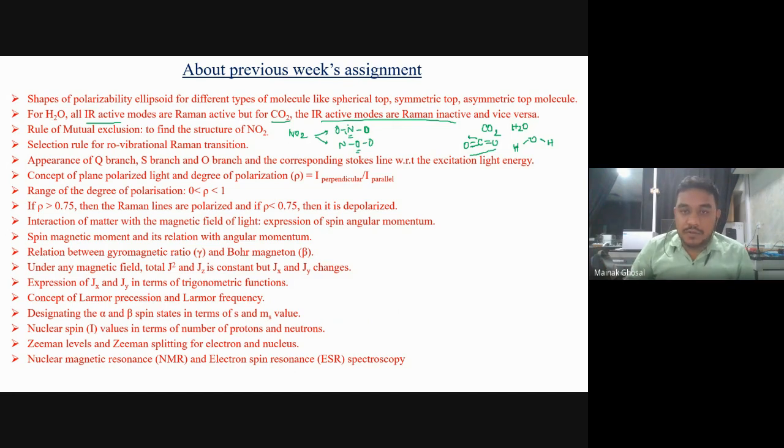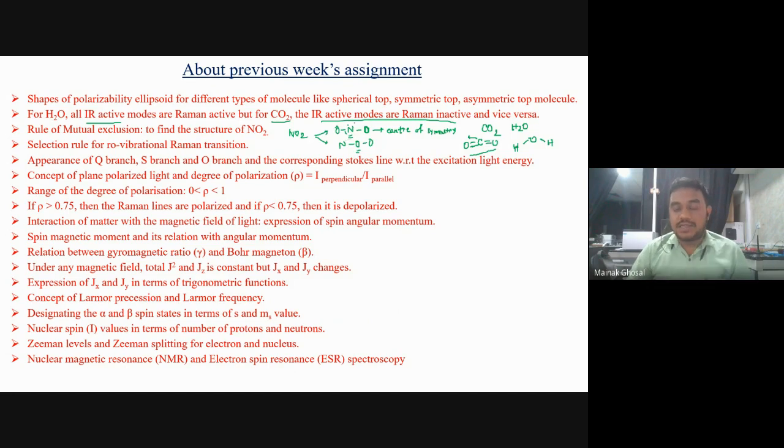So the main difference you can see in these two structures is that the first one has a center of symmetry, or in some books it is written as a centrosymmetric molecule. Since it has a center of symmetry, as I have stated, for any centrosymmetric molecule the rule of mutual exclusion will be followed.